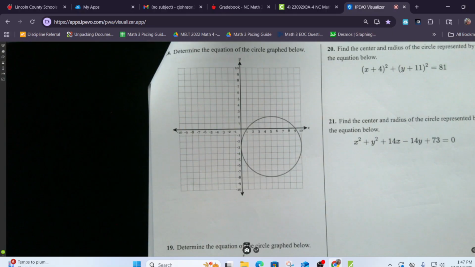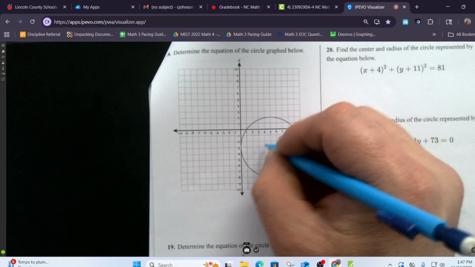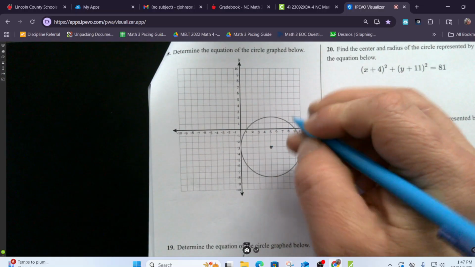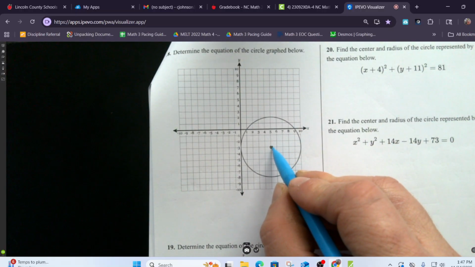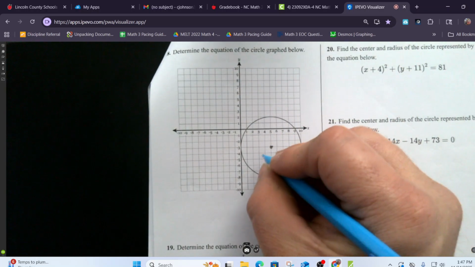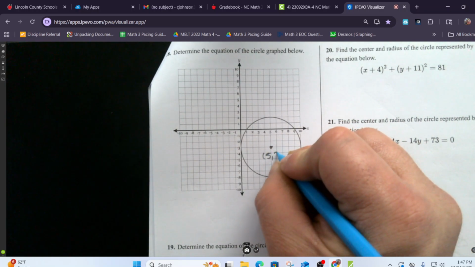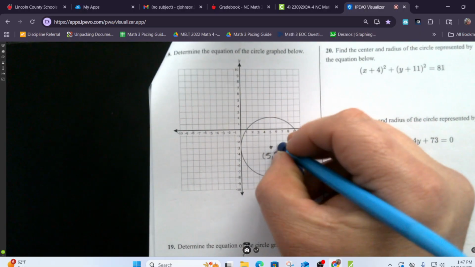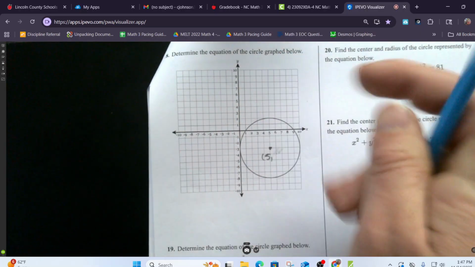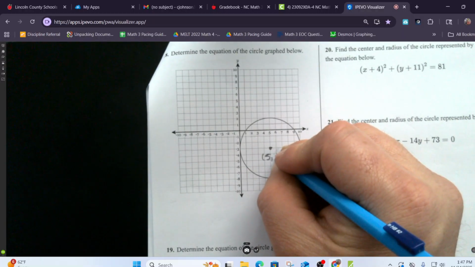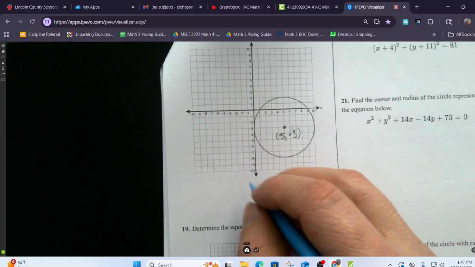It says determine the equation of the circle graph below. First off, you need to find your center. All right, so there's my center. My center is 5, negative 3.